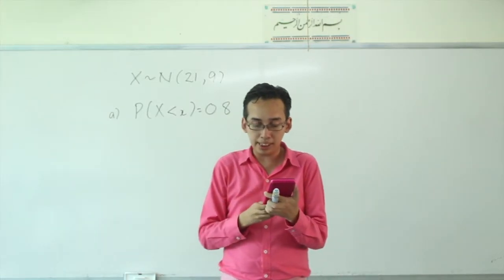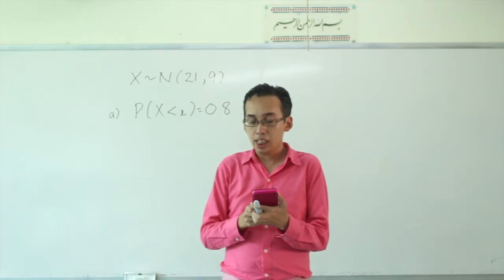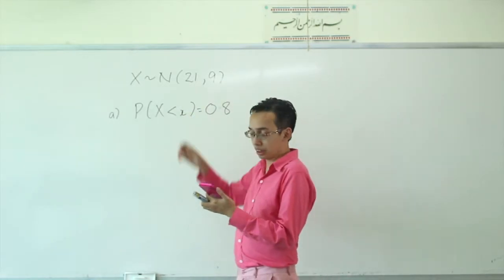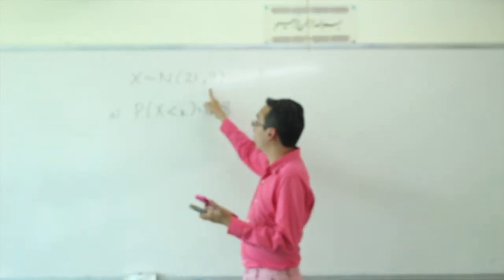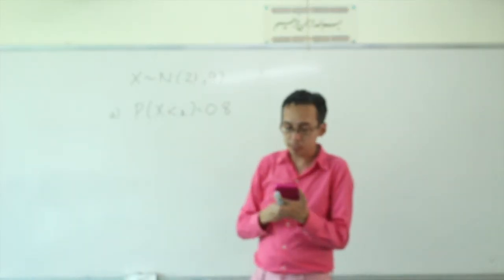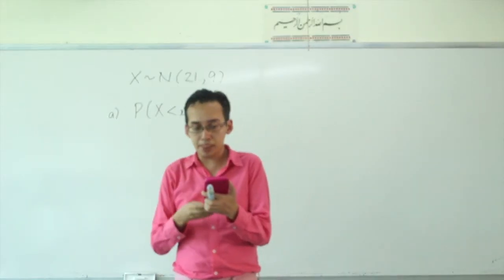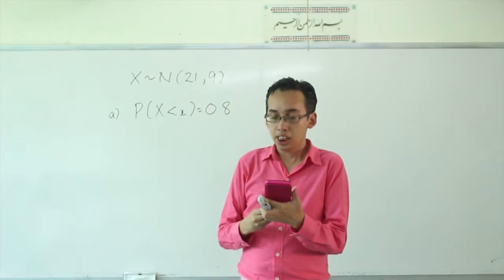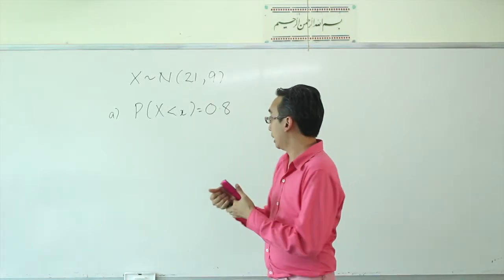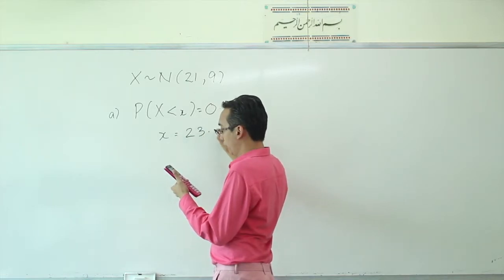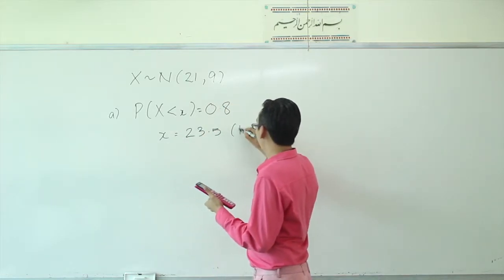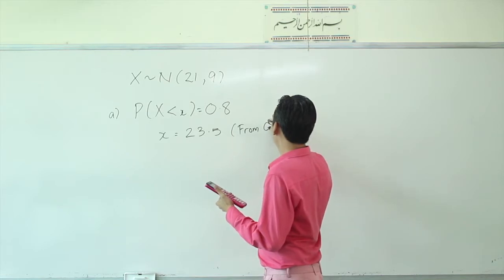So key in 0.8 under the area. Mu is the mean, so we'll key in 21. Standard deviation, again, don't be tricked, this is variance, so standard deviation is 3. Press paste, press enter. That's how you get the x to be 23.5. This is from the GDC.